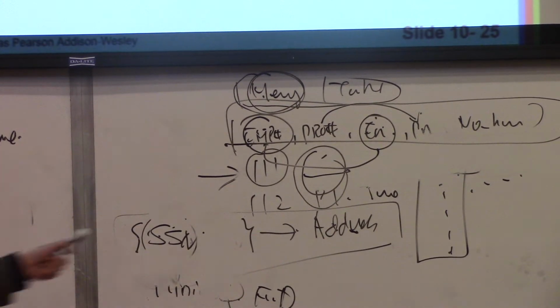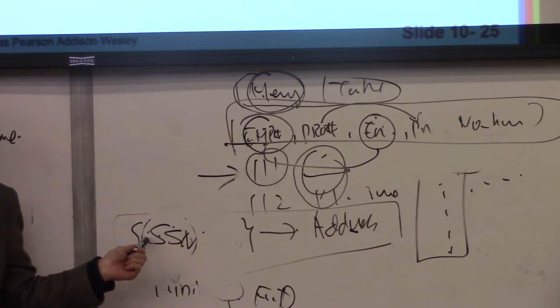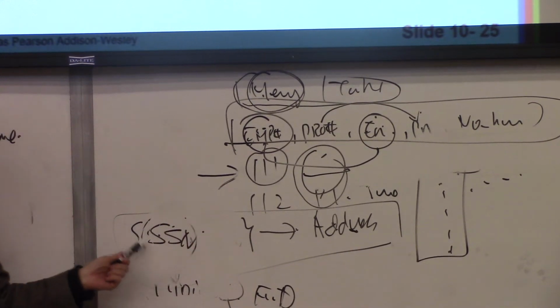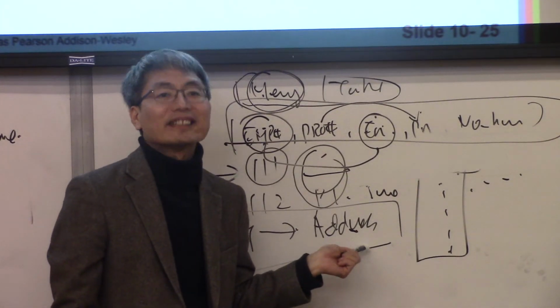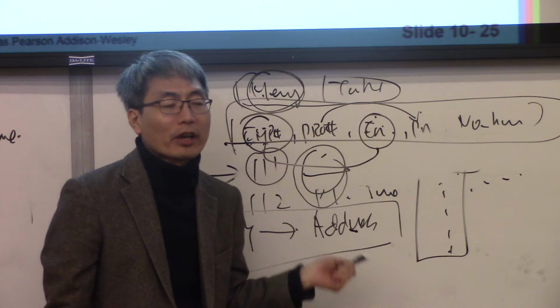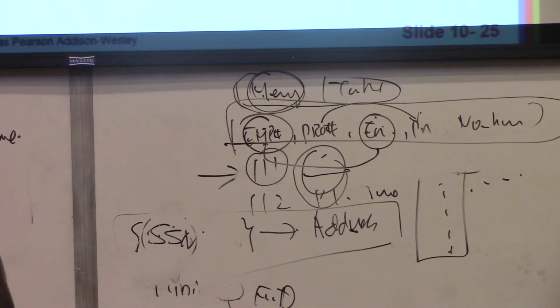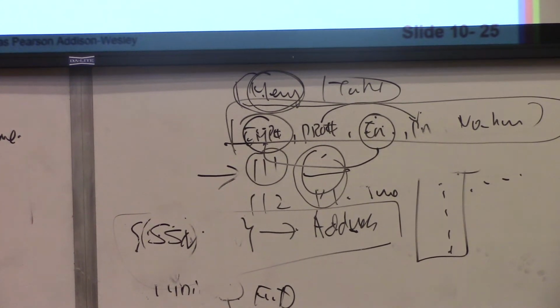Mostly left hand side is what? Primary key plus candidate key. Any key attribute is the left hand side. And the right hand side, non-key attribute. Okay, so that is the functional dependency and plus prime attribute and also non-prime attribute.